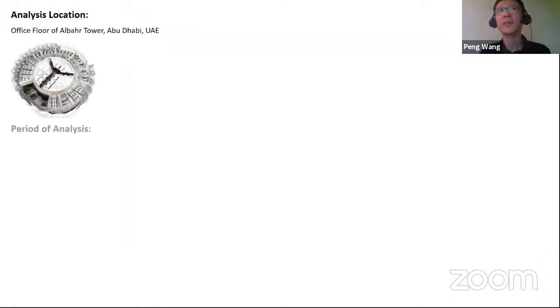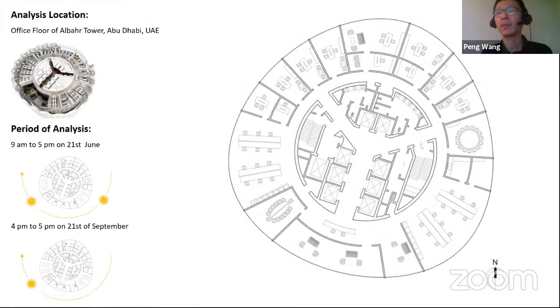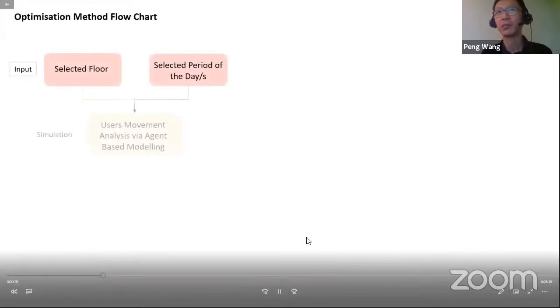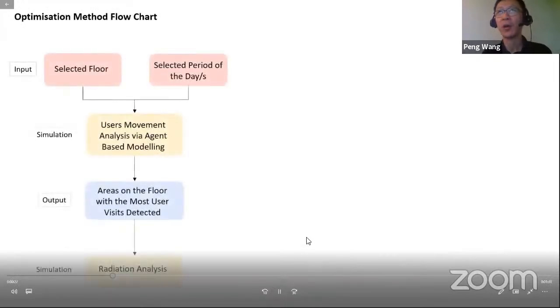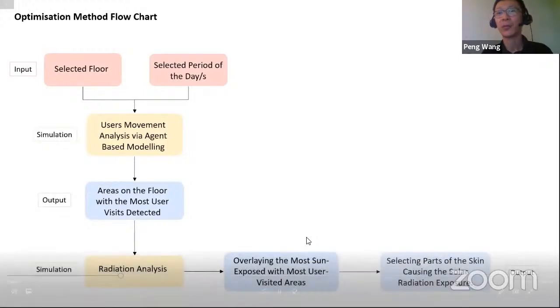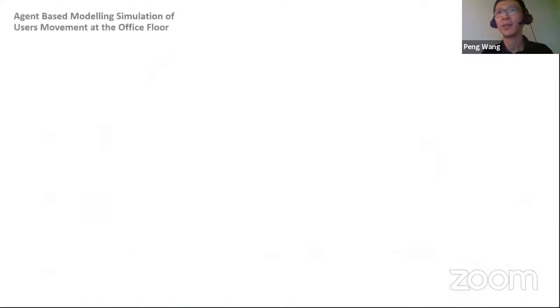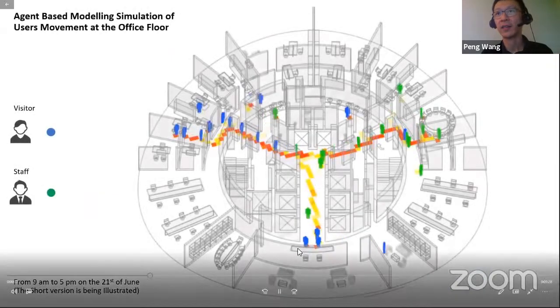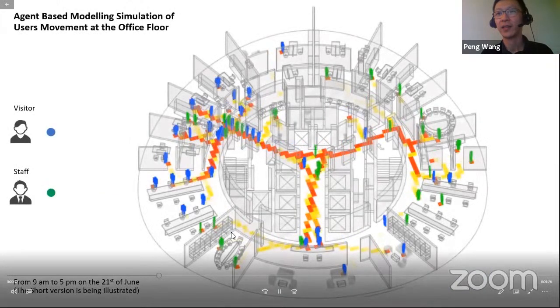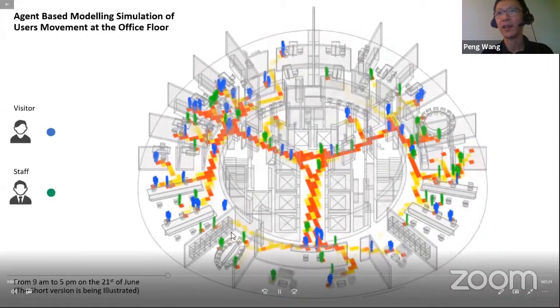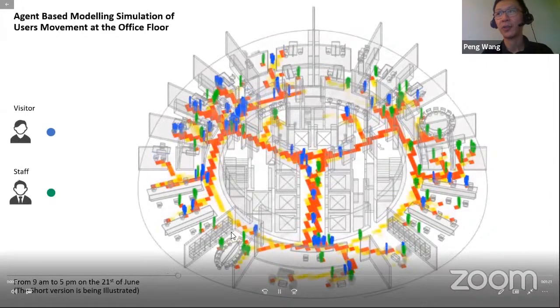Here you can see it's an office tower, and their process is to do a pedestrian simulation to figure out where people accumulate, where people frequent in the plan of a typical floor. They will also analyze the direct sunlight shining through the facade onto the floor.